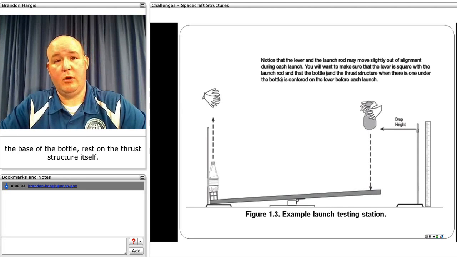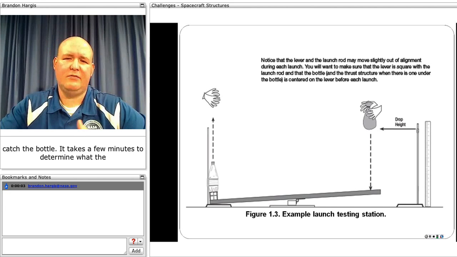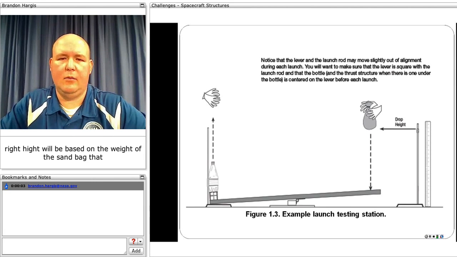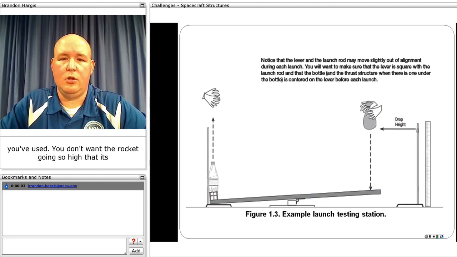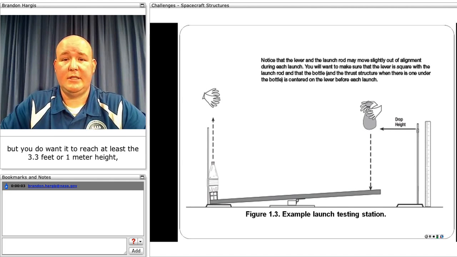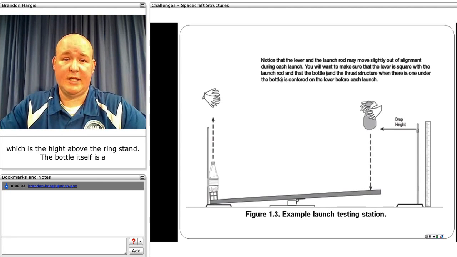You will need someone to drop the bag of sand and another person to catch the bottle, and it takes a few minutes to determine what the right height will be based on the weight of the sandbag that you use. You don't want the rocket going so high that it's hitting the ceiling or that it's a danger as a falling object, but you do want it to reach at least the 3.3 feet or 1 meter height above the ring stand.